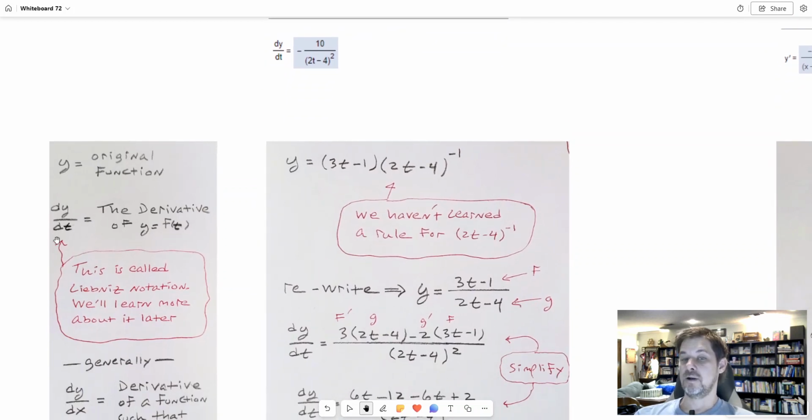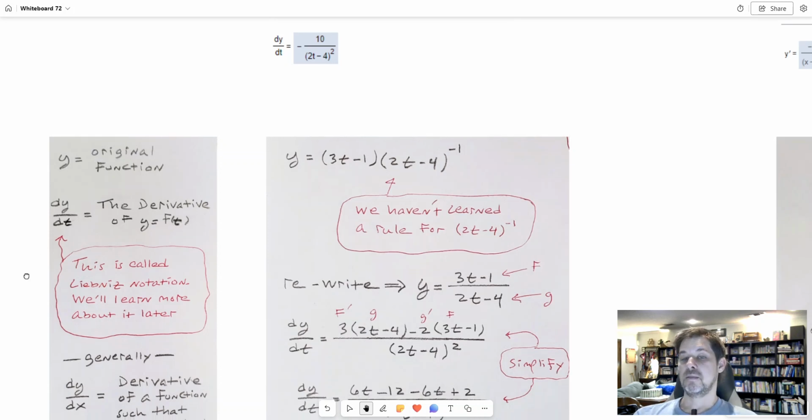And what dy over dt means is the derivative of some function where y is a function of t. This symbol for the derivative is called Leibniz notation. Like I said, we'll learn more about that later. But for now, let's say that just means the derivative. It just means that we have this function and we're looking for the derivative, with whatever rules are appropriate.